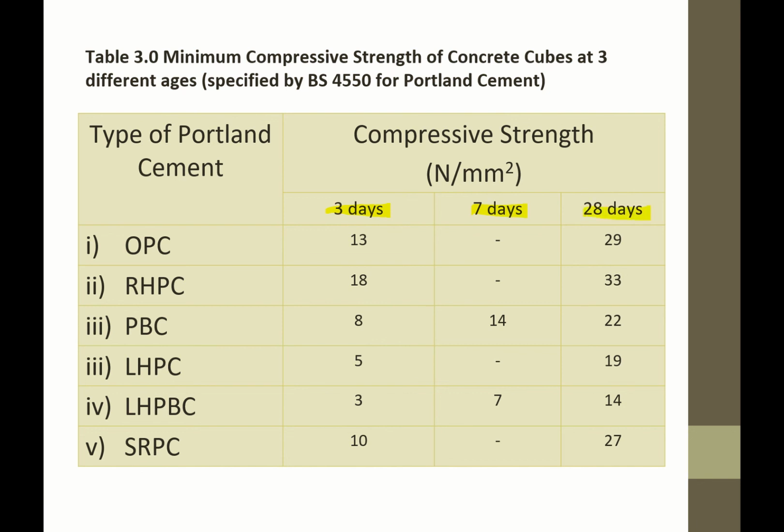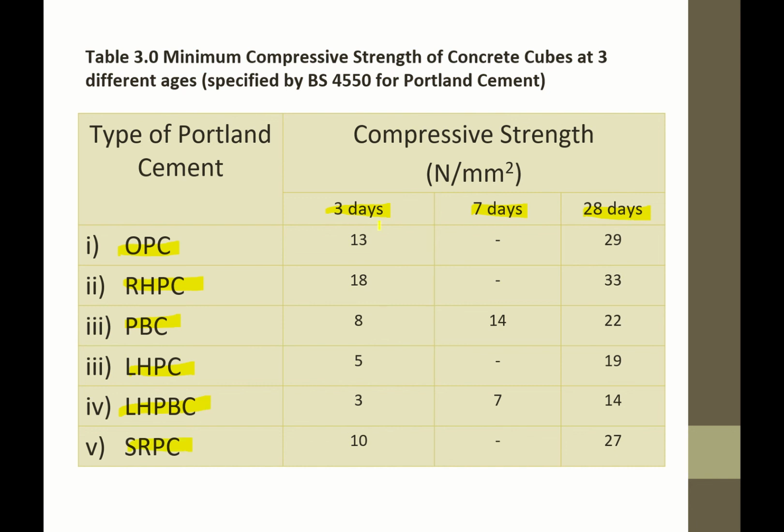Numbers 1 up to 6 are the different types of cement. OPC is ordinary Portland cement. You have RHPC, rapid hardening, and then you have PBC, LHPC, LHPBC, and SRPC.